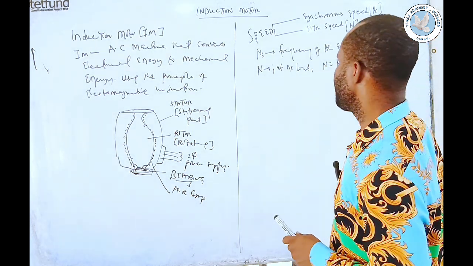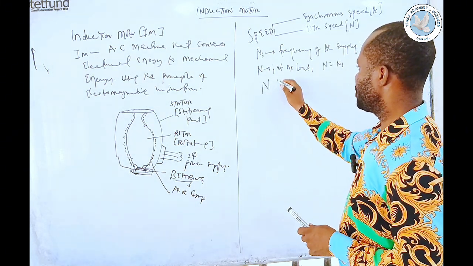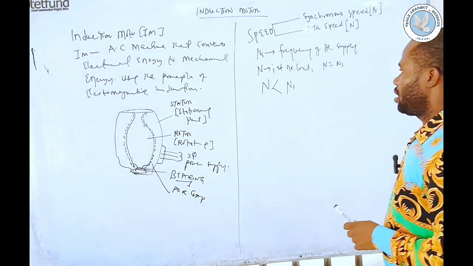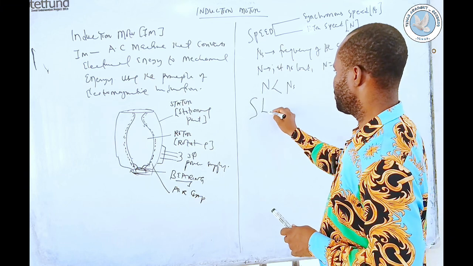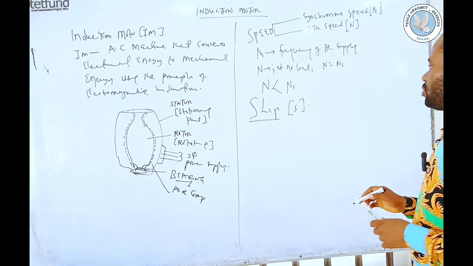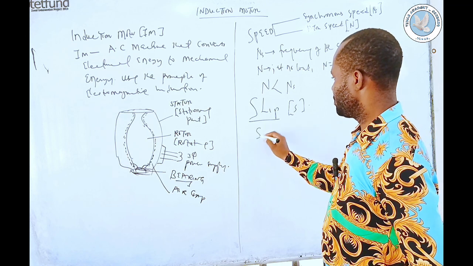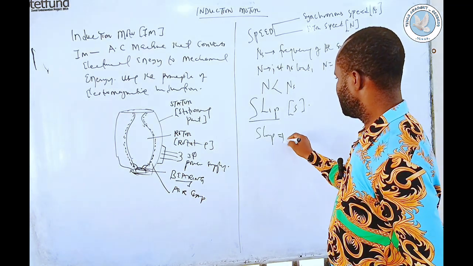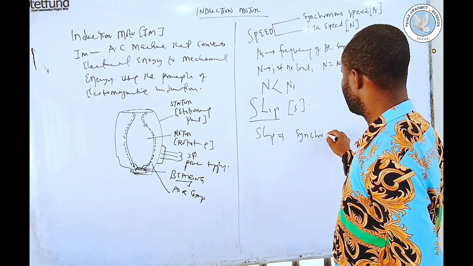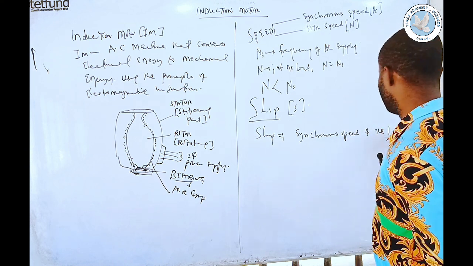So when there is load, the rotor speed becomes less than the synchronous speed, and that leads us to what we call slip. Slip, represented by S. So slip in induction motor is actually the difference in speed between the synchronous speed and the rotor speed.